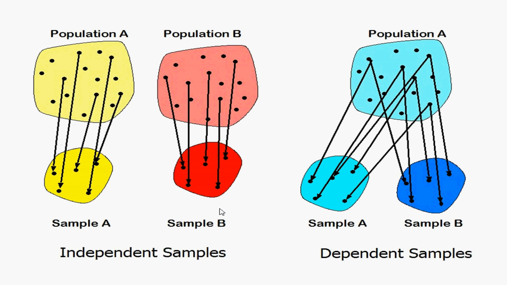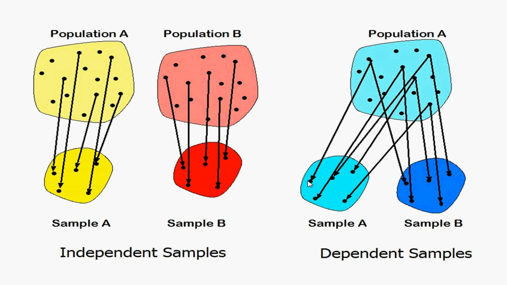Now sample A and B may actually be in a single electronic data file, but the actual elements themselves come from separate populations, as opposed to what we call dependent samples, where we have two measures from the same element in the same population.